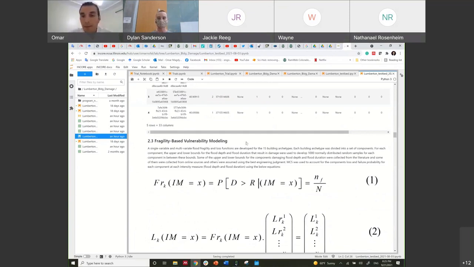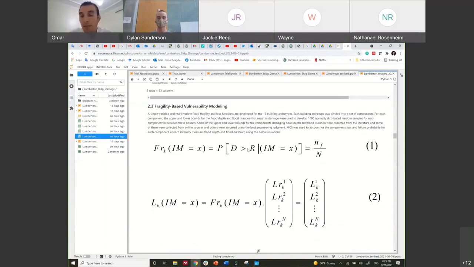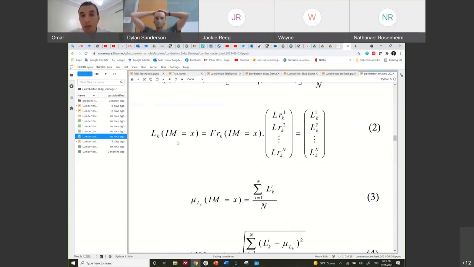Here's the concept that we used, based on the components' fragility. And here's the concept for the loss function, which is the failure probability of the component multiplied by the replacement cost of the component. Then we get the mean and standard deviation of the replacement cost.